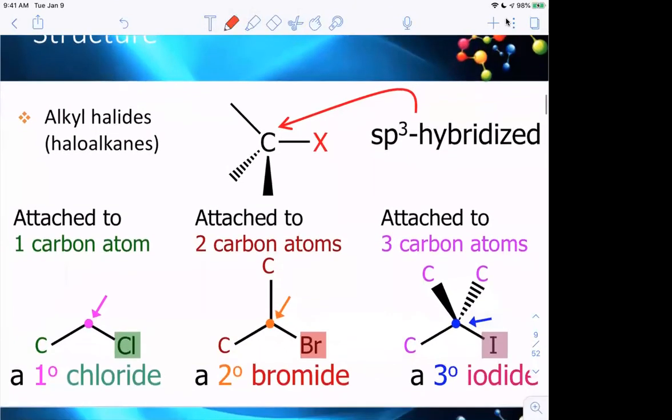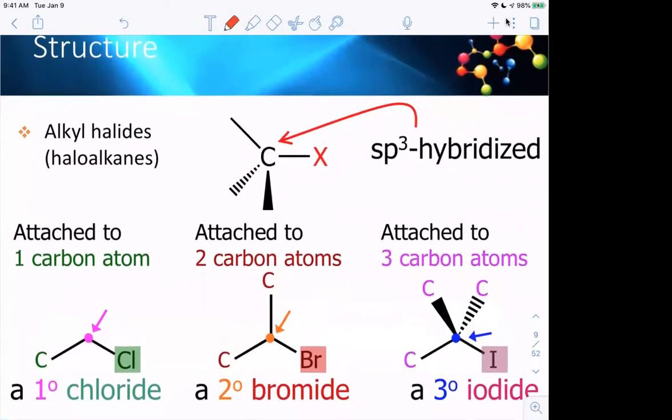Now, just a little bit about the structure of these alkyl halides. This is sp3 hybridized, so it's going to be a tetrahedral carbon. And I can use this primary, secondary, and tertiary nomenclature. So if the carbon that bears the halogen only has one other carbon group, it's going to be a primary.